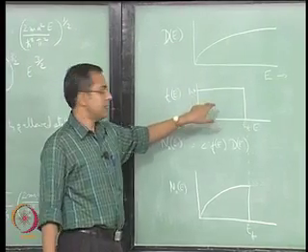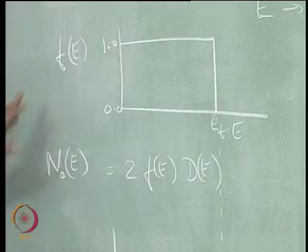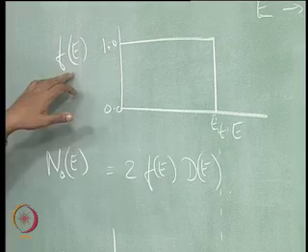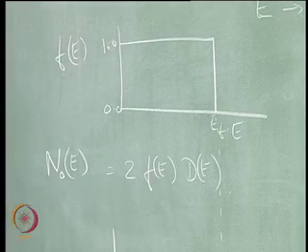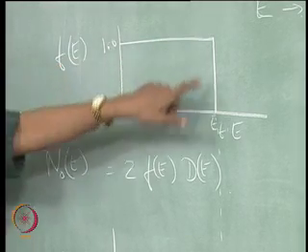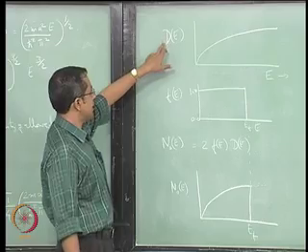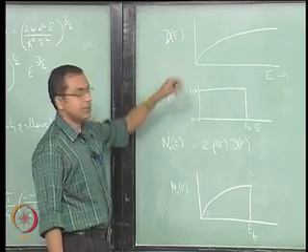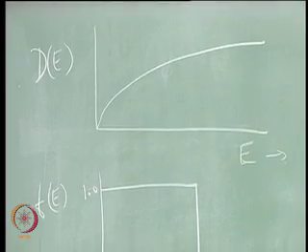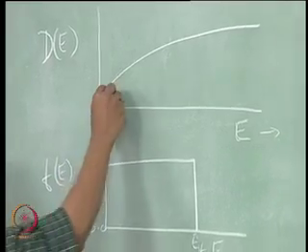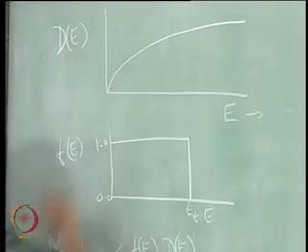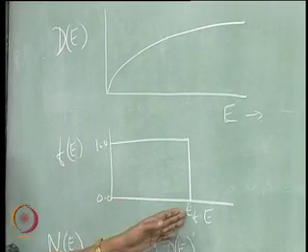At 0 Kelvin, this is the picture we have of the probability of occupancy as given by the Fermi-Dirac statistical distribution. This function d of E gives us the density of allowed states, so the density of allowed states looks like this. Probability of occupancy looks like this.